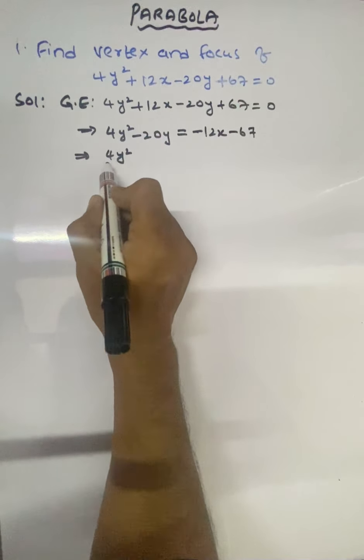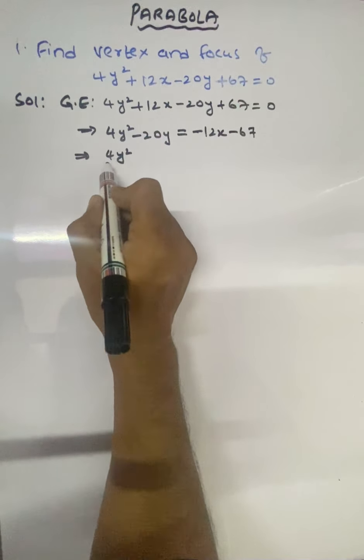Then the next step will be y minus 5 by 2 whole square equals minus 3x. Then take this in the rough column, don't do it here: minus 67 by 4 plus 25 by 4. Taking 4 common, minus 67 plus 25. So how much will we get? Minus 42 by 4, which is minus 21 by 2.